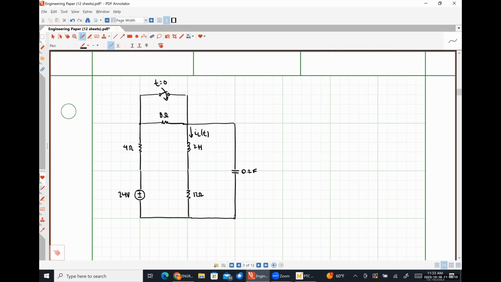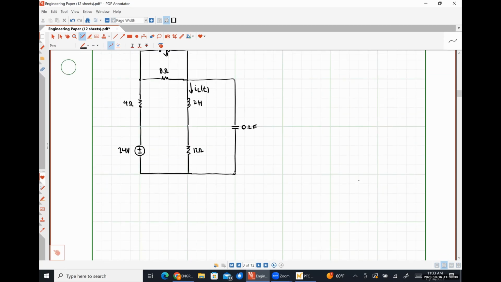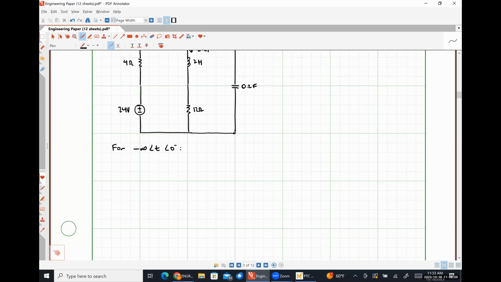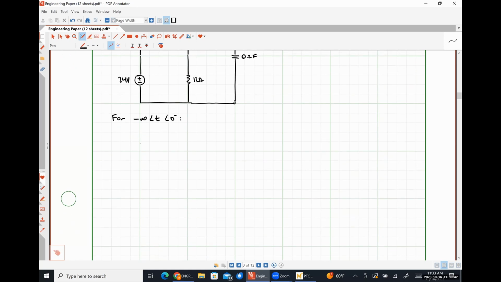So for t all the way up from negative infinity to 0 minus, this is just a simple DC circuit where we don't need any fancy techniques in order to solve for things, right? So for negative infinity less than t less than 0 minus, our circuit looks like this.